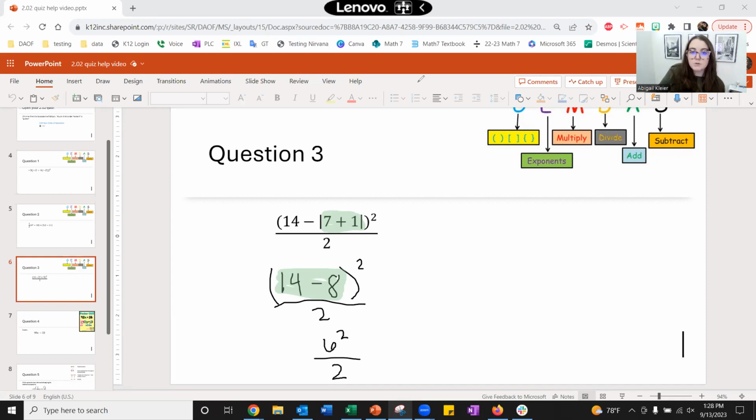Running out of a little bit of room here, so I'm going to move off to the side. 6 to the power of 2 is 36 over 2. And then 36 divided by 2 is 18. So that's how you follow in this question doing order of operations.